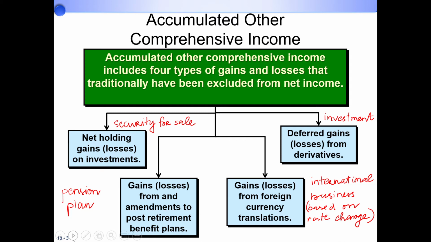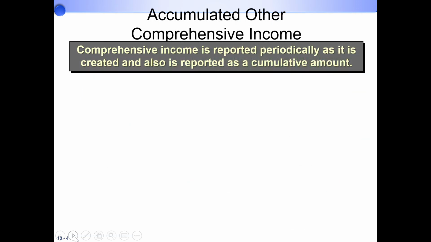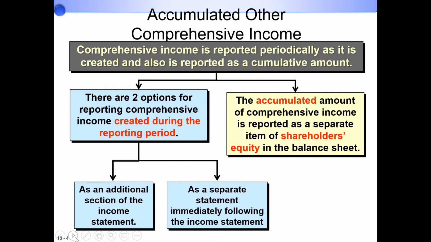Again, we want to separate those special gains or losses from the rest of the gains or losses. The rest will be reported as net income, because a gain is kind of revenue and a loss is kind of expense. So net income can include revenue, expenses, and normal gains and losses.